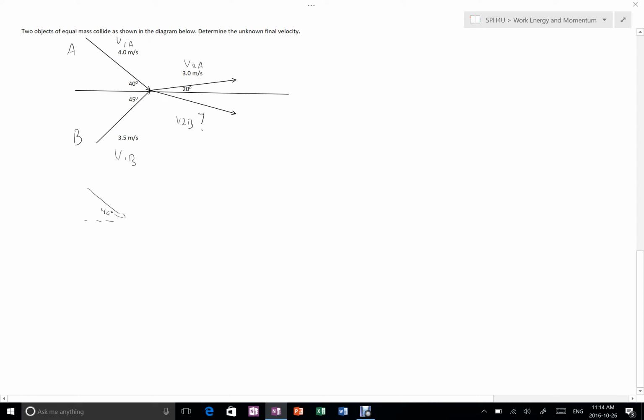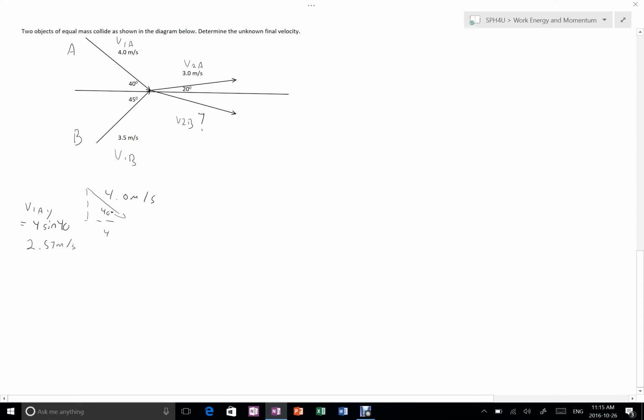40 degrees here, 0 meters per second. So this, which I will call V1AY, is equal to 4 sine 40, which is 2.57 meters per second.